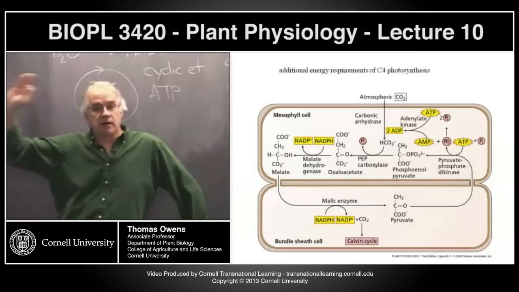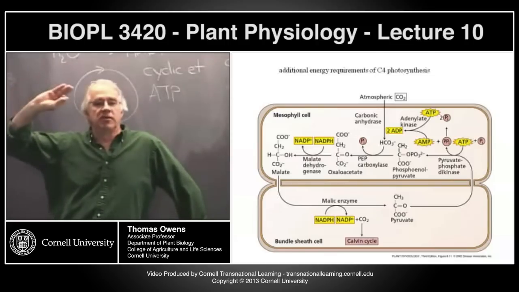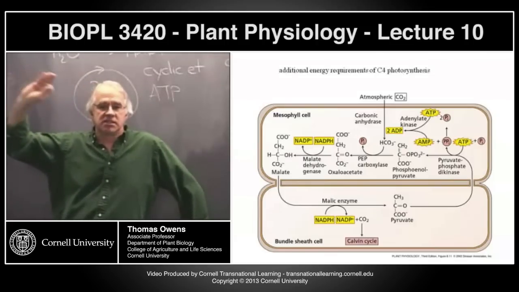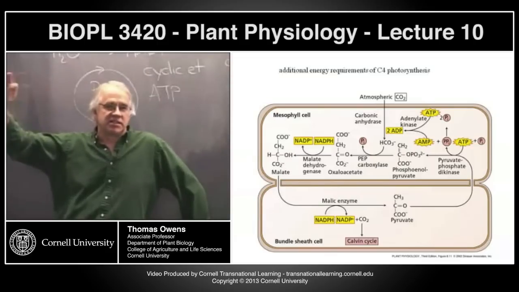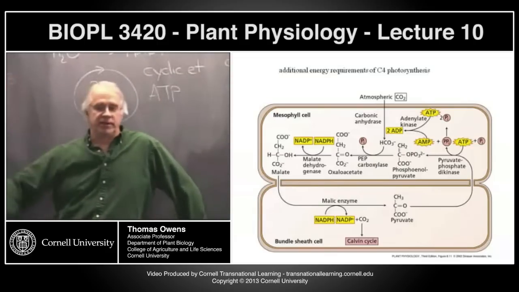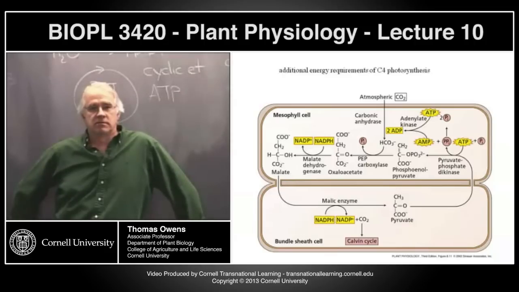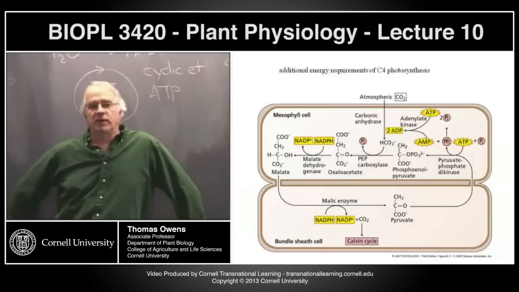So thinking only about Fick's law, and assuming that the resistance to CO2 diffusing is the same in the epidermis of C3 and C4 plants, what's the only thing that could explain why C3 plants need to have their stomates open and C4 plants don't need to have their stomates open in order to do photosynthesis?